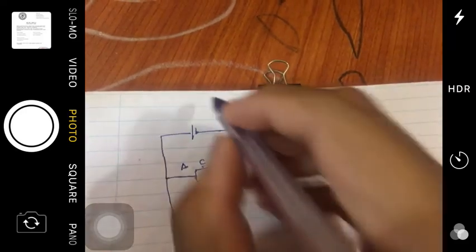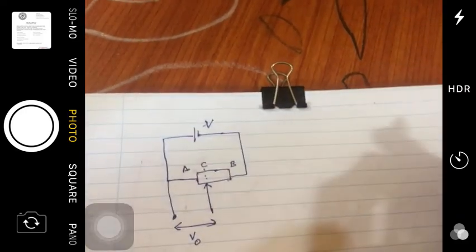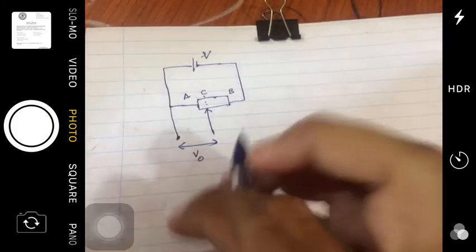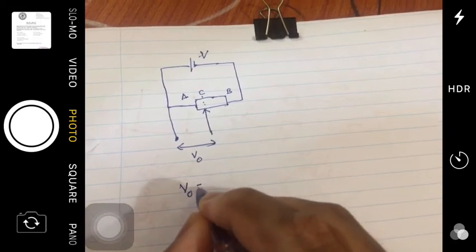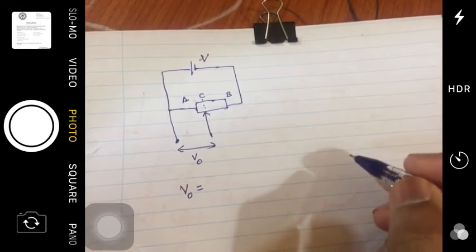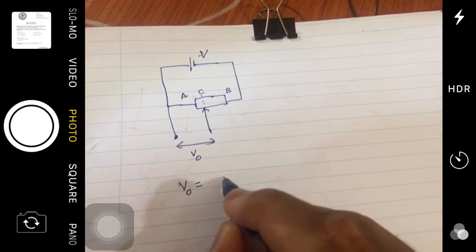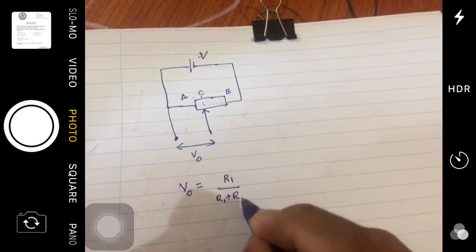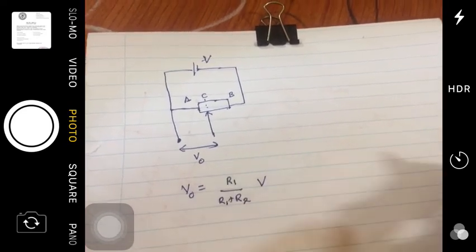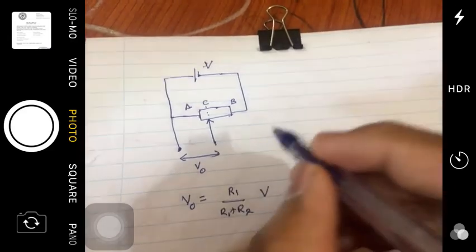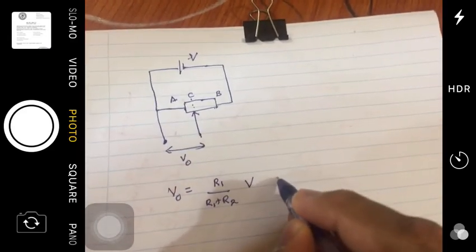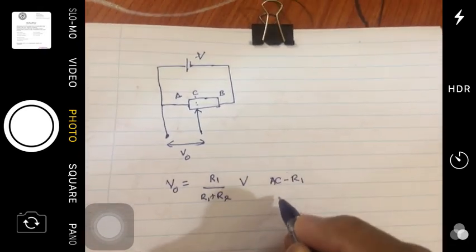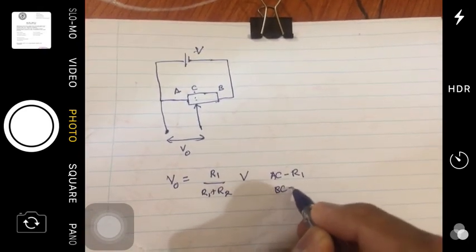Okay, and let's say that the terminal potential difference of the battery is V, then V out would be equal to R1 over R1 plus R2 times the terminal potential difference. What is R1? The resistance of AC is R1. The resistance of the part BC is R2.